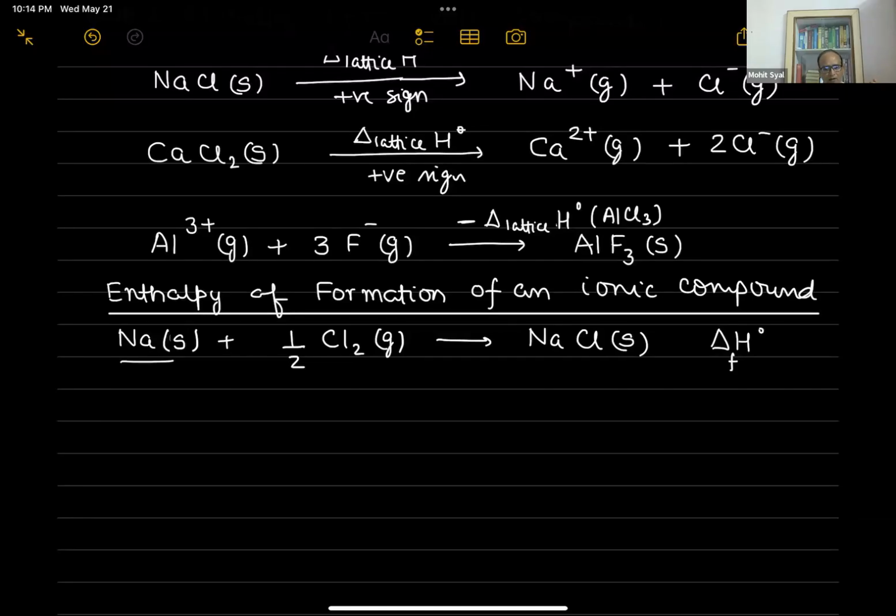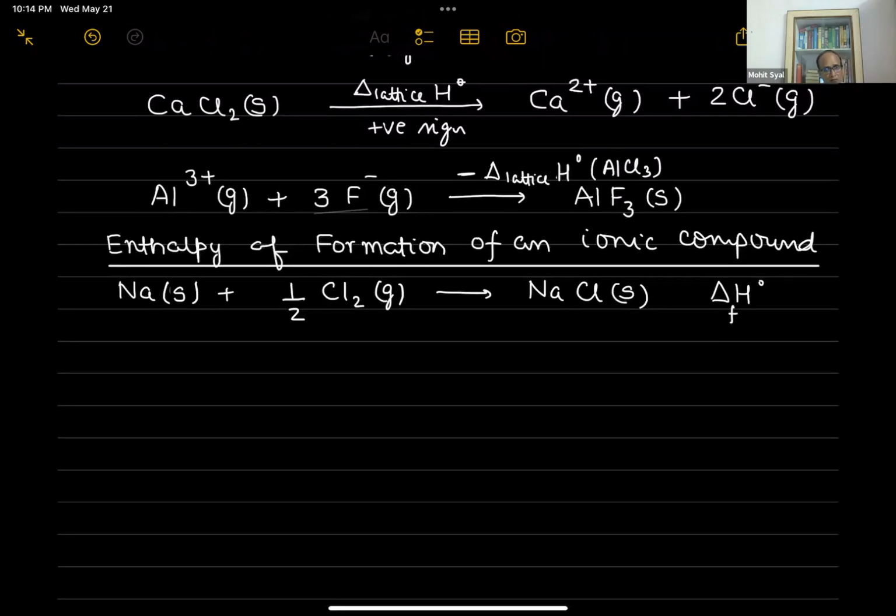But in this case, I cannot do this because these are zero. So I need to adopt a different route, which is in line with Hess law, which says that the reaction can be carried out by different means, but its overall enthalpy is going to remain the same.